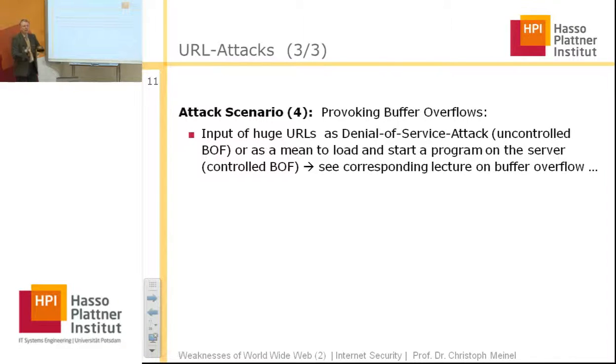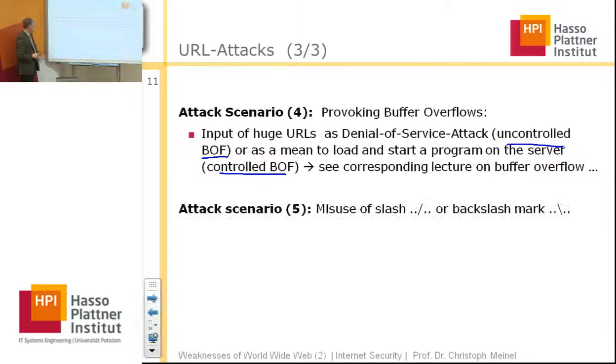So the input of a huge URL provides a denial of service attack, a so-called uncontrolled buffer overflow. And if this dangerous URL input is more sophisticatedly designed, then one can use this buffer overflow to start certain programs, and this is a so-called controlled buffer overflow. We had already discussed this, so it's not possible to go into more detail.